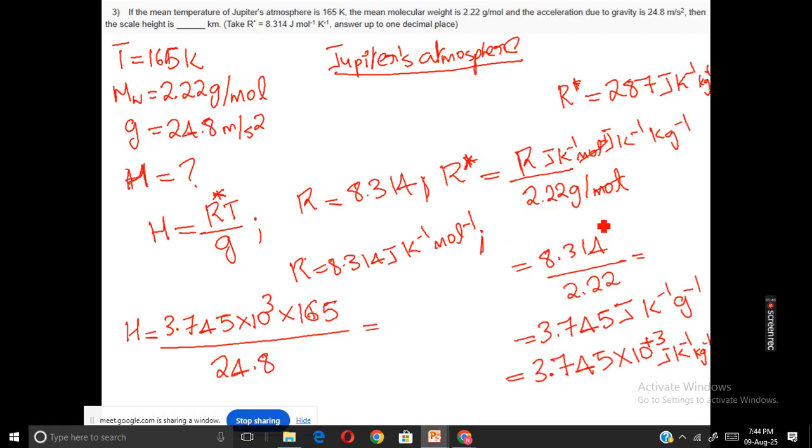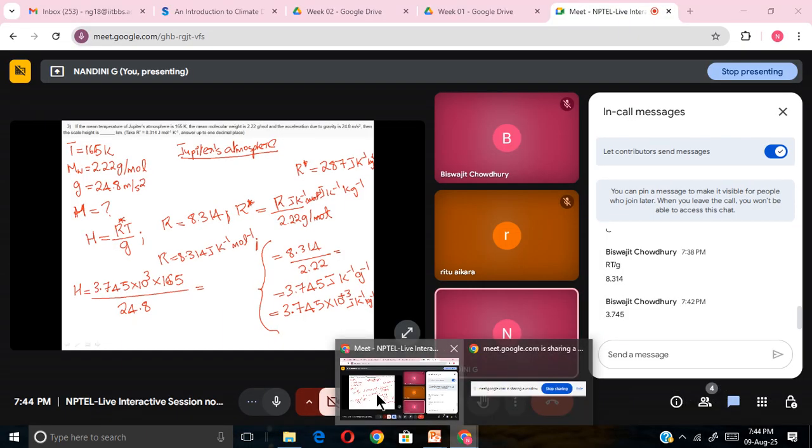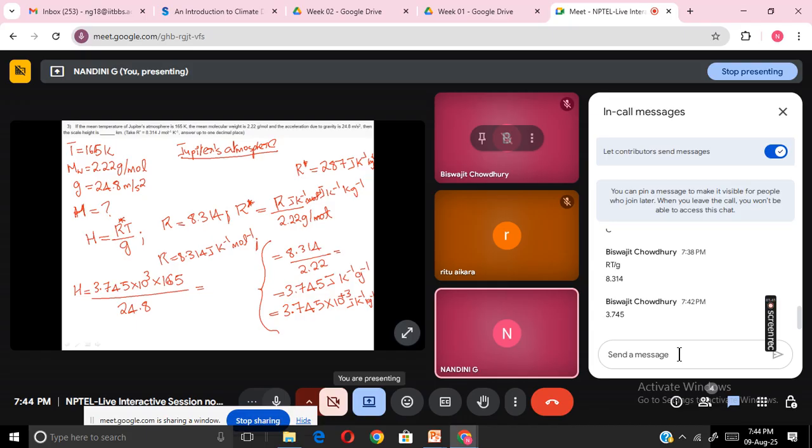What will be the value? How much meter or how much kilometer?